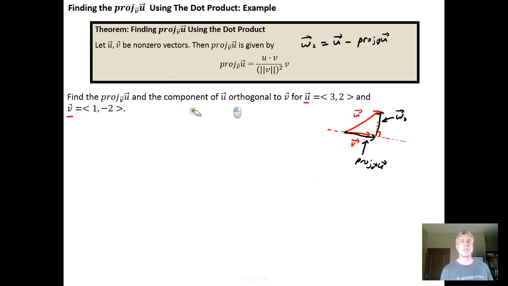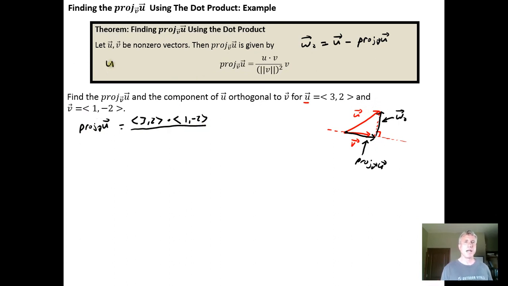So step one is to calculate the projection vector. So the projection of our vector u right here onto v. From our previous results, it's going to be u dot v. So we do u, which is the vector 3, 2, and we dot that with the vector v, which is the vector 1, negative 2, and then we divide this by the size of v squared.